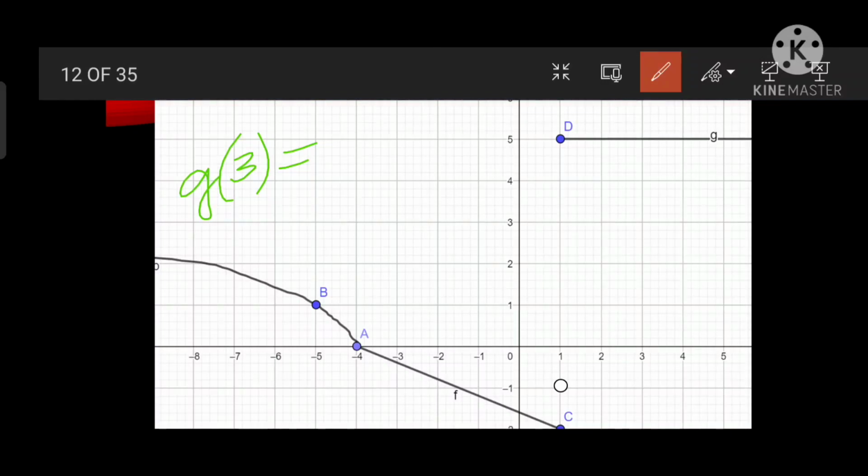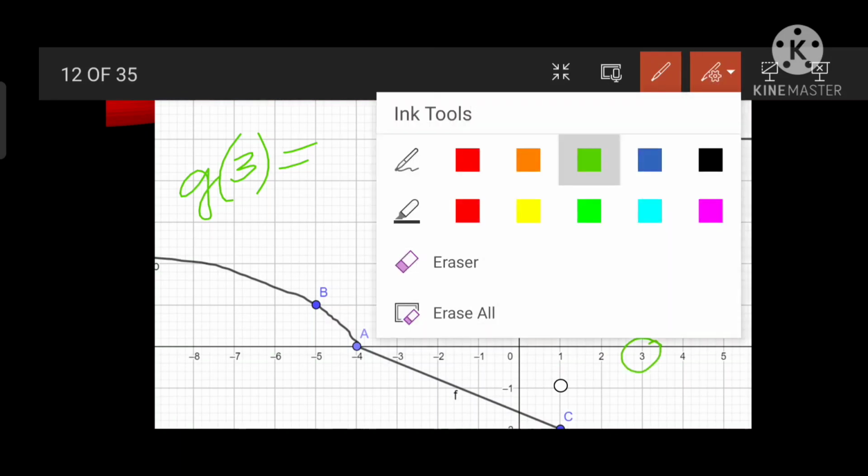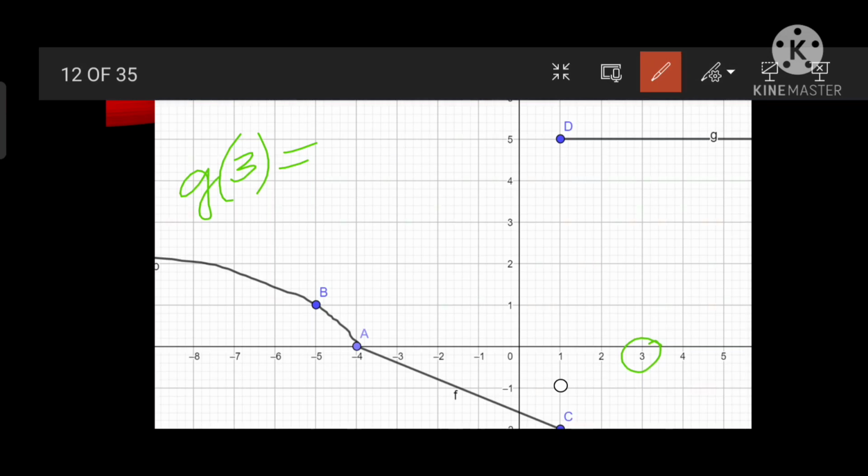In the third question, we mark 3 on the x-axis, after which we go to the graph, then trace my pencil up to the graph, and when I land on the graph, the third step is to trace my pen to the y-axis, and I land on the value of 5 in the y-axis.